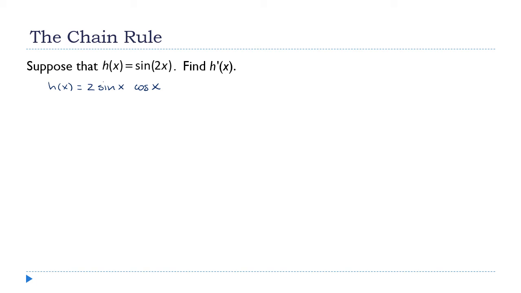So we can do a comparison again. So this is 2 sine of x times the derivative of the cosine of x, plus the derivative of the sine of x times cosine of x.